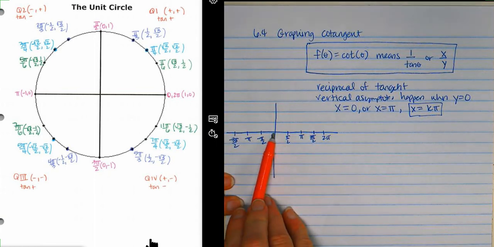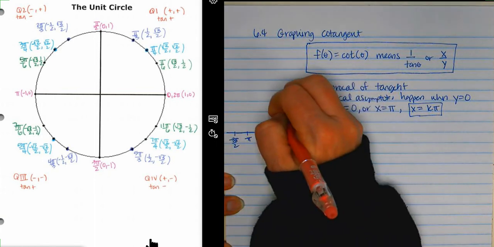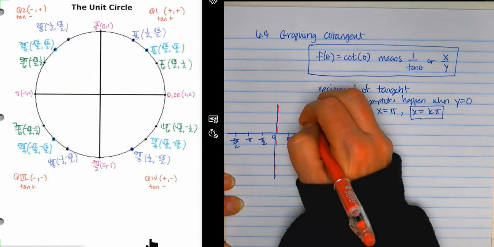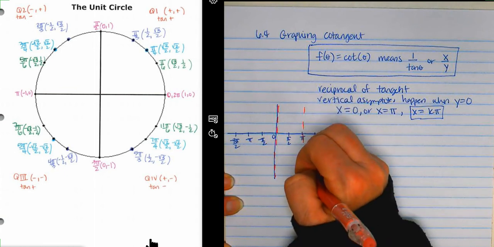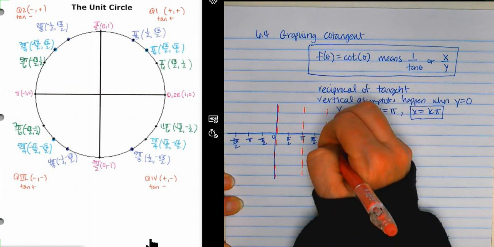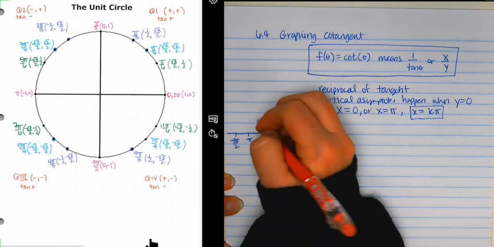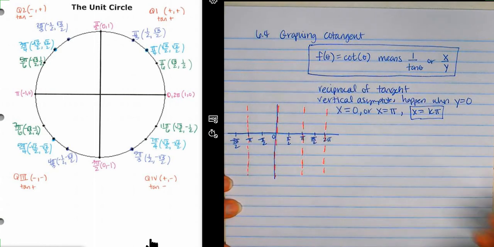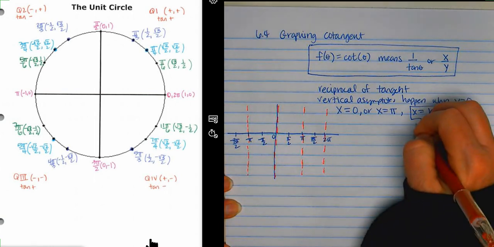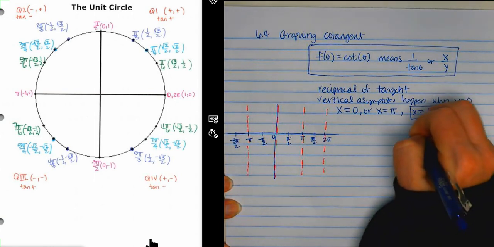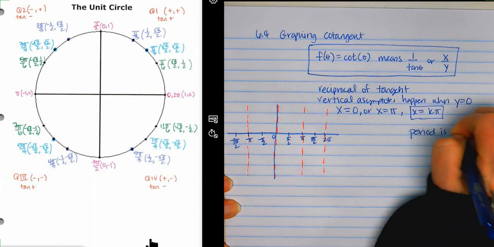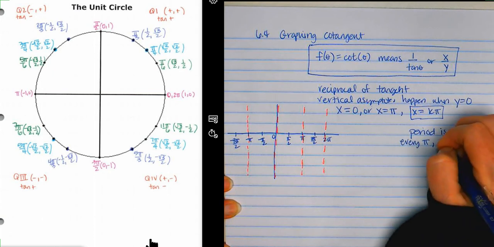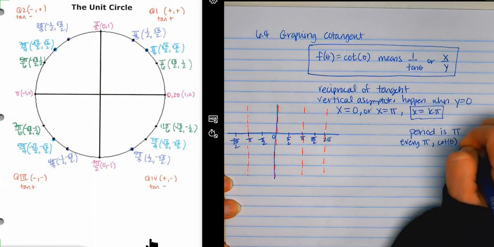From 0 to pi to 2 pi, every one of these is a vertical asymptote. And I'm graphing this one smaller, just so I can squeeze in more repeats of it. So its period is pi. Every pi, cotangent of theta repeats.